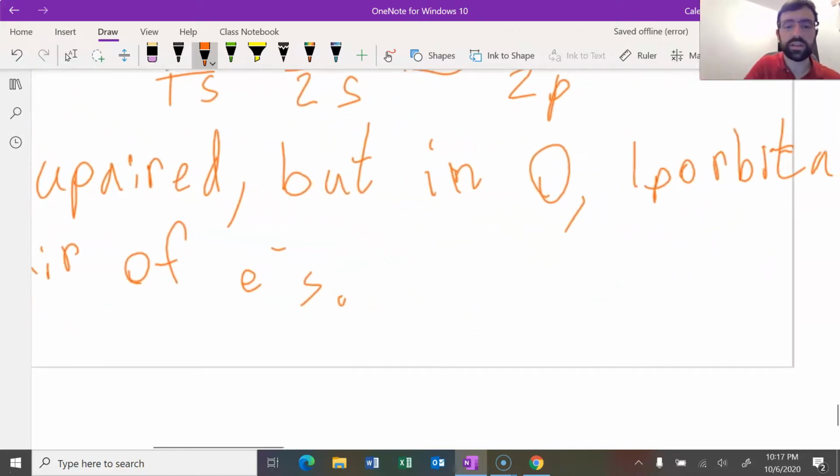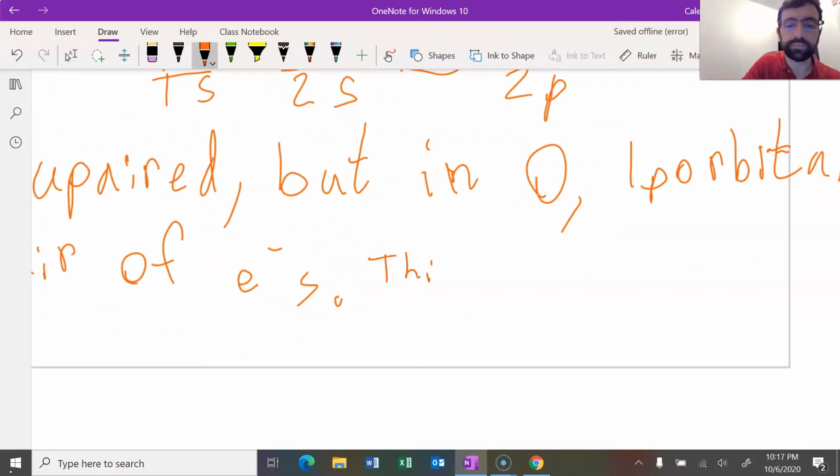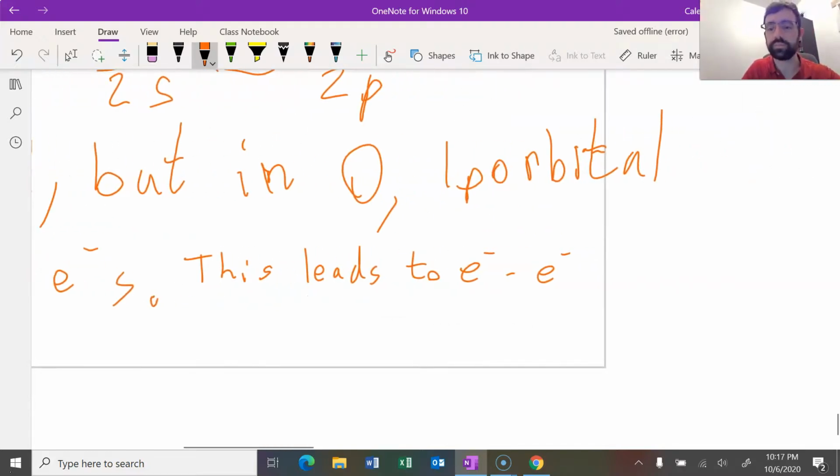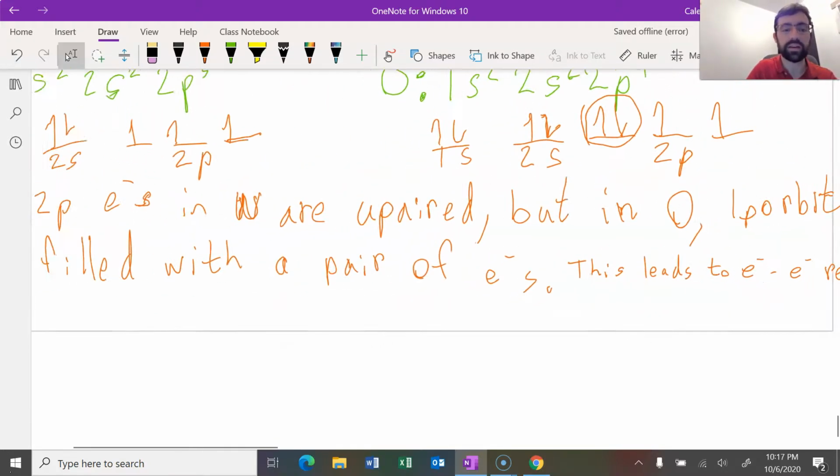Okay, this leads to electron repulsion, which makes it easier to take away an electron.